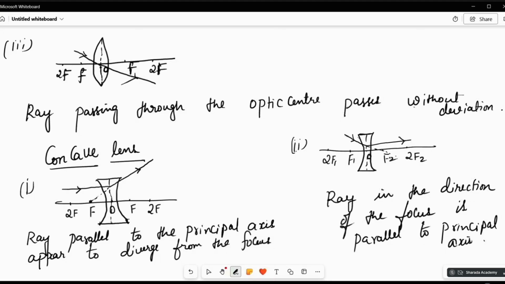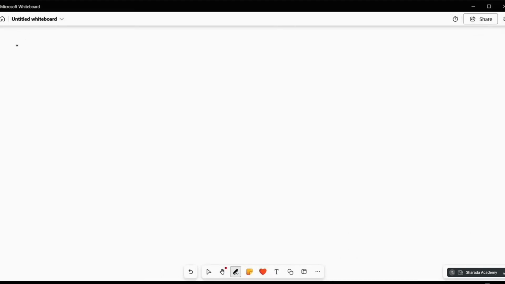If it is in that direction, then it will be parallel to the principal axis. Last one now. Any ray passing through the optic center goes without deviation.